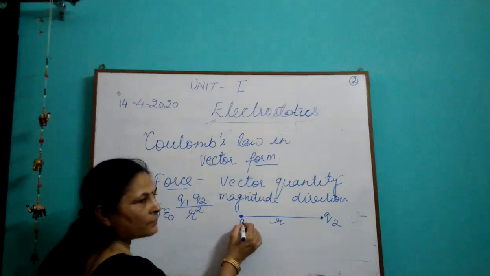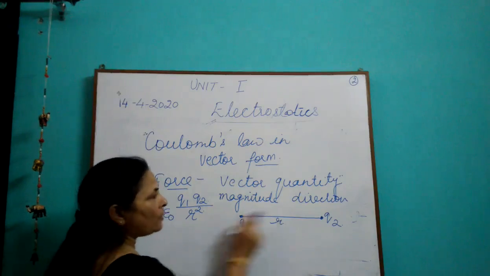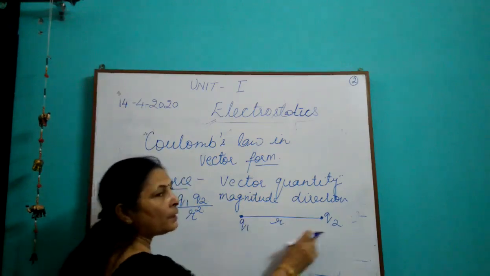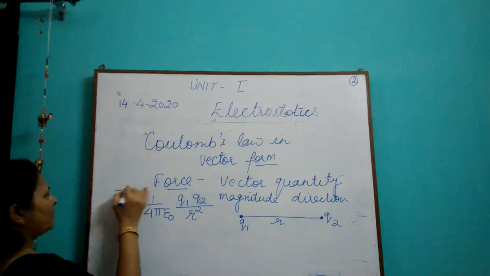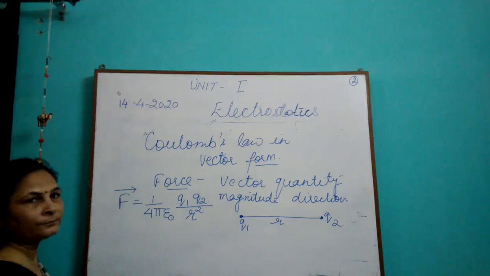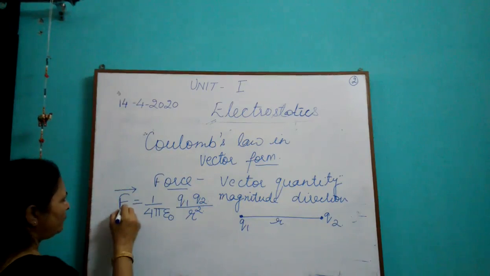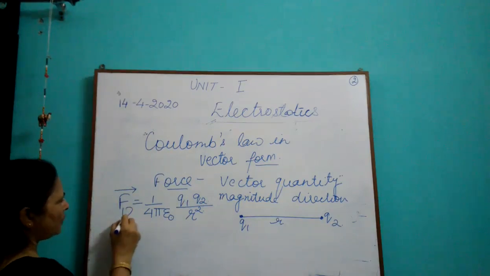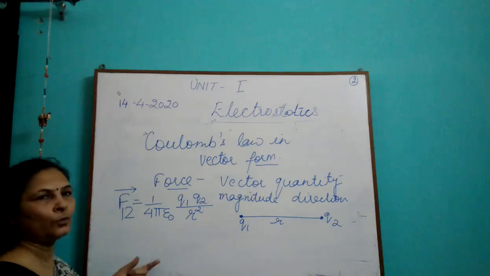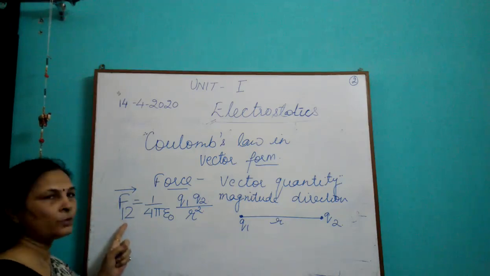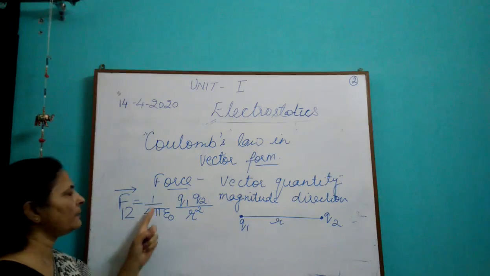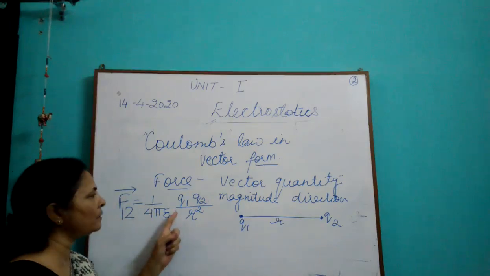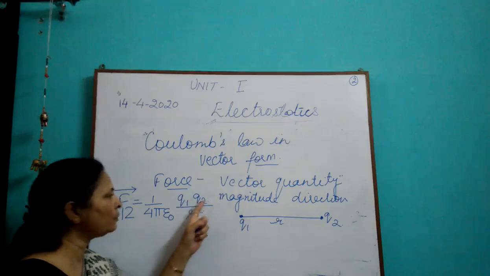This is a positive charge. Now, the forces on these two charges will be written separately. How will we do it? Put a vector notation over here. Force on 1 because of 2, that is, force on charge 1 because of charge 2, will be 1 by 4 pi epsilon naught Q1 Q2 upon R square.